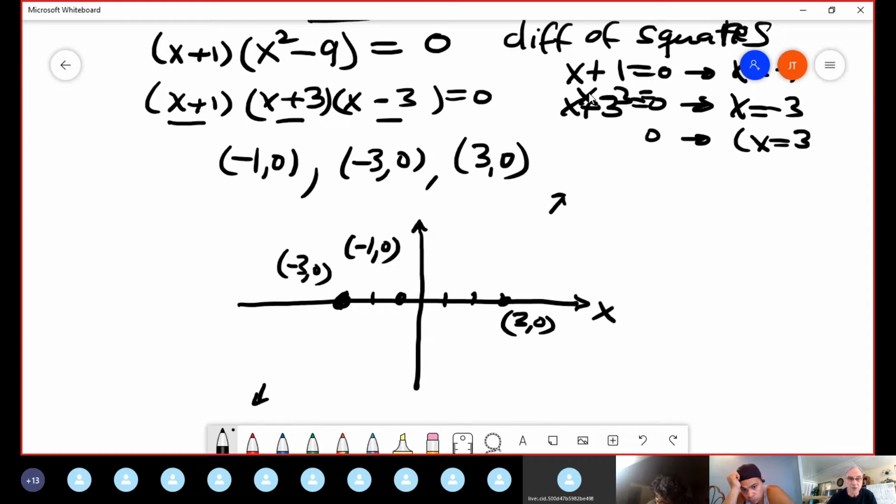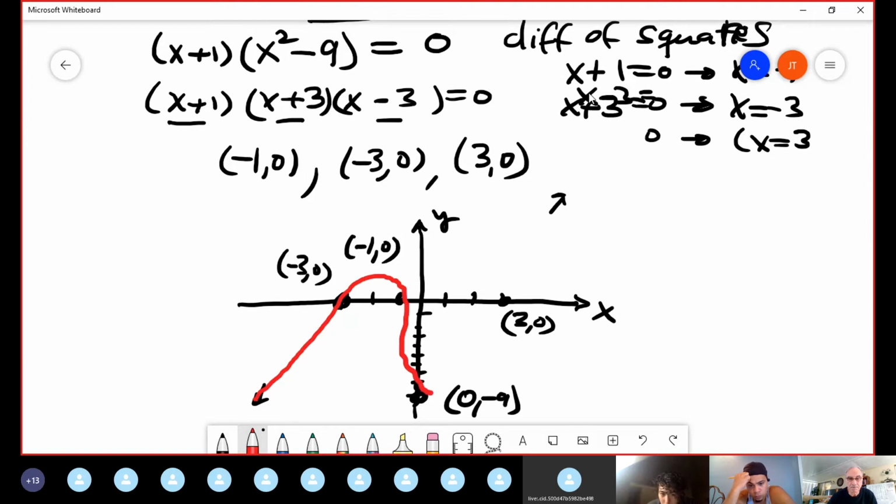And we discover also that at 0, negative 9, counting 1, 2, 3, 4, 5, 6, 7, 8, 9, here we have the y-intercept. Let me use another color. My polynomial graph looks like that. Got it?